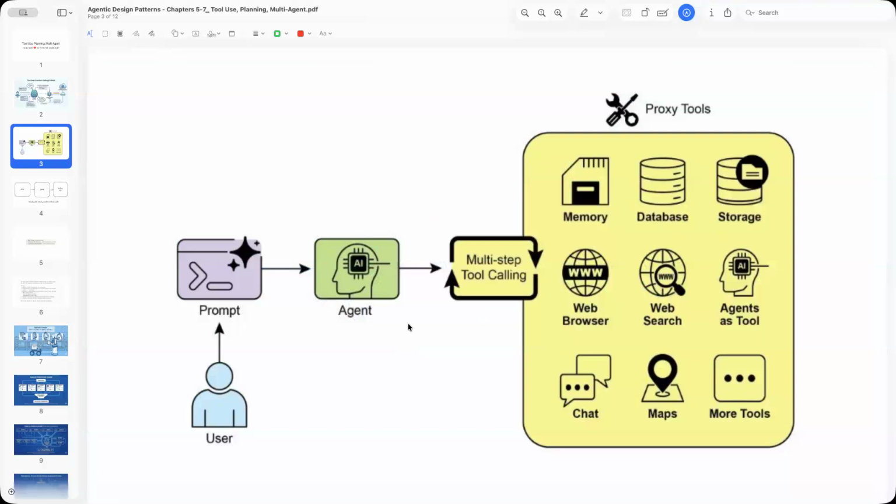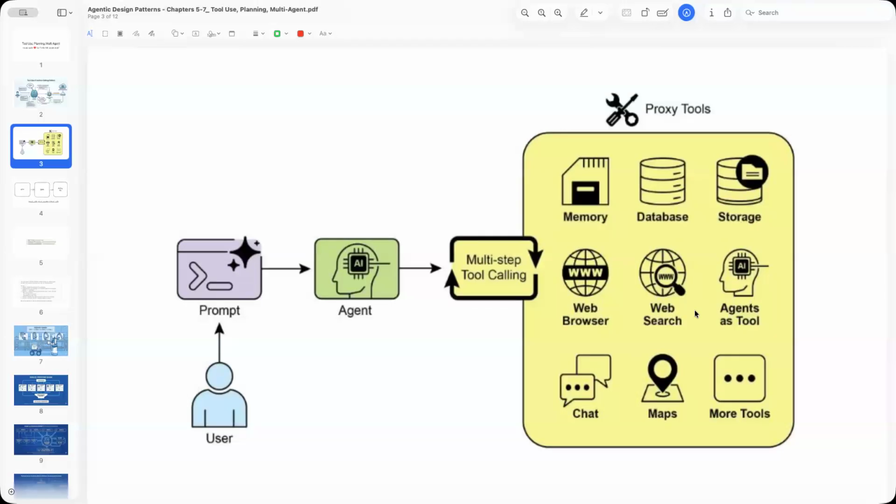And in the book, it's depicted like this. So probably the only thing that we need to highlight here is that it can be a vast variety of tools, starting from some memory services, databases. I don't know why they have storage separate from database. Anyhow, going to web search, using other agents as tools, actually.